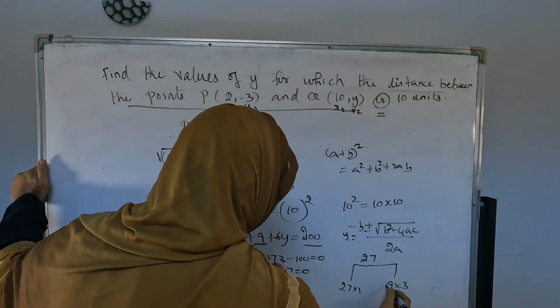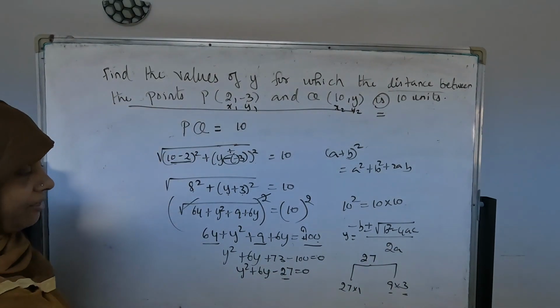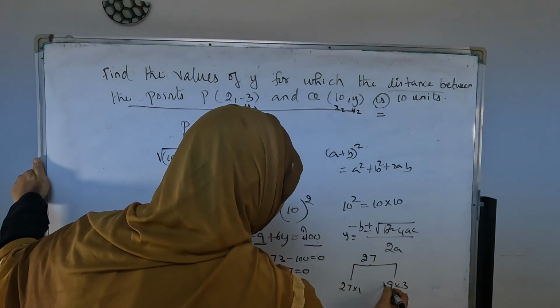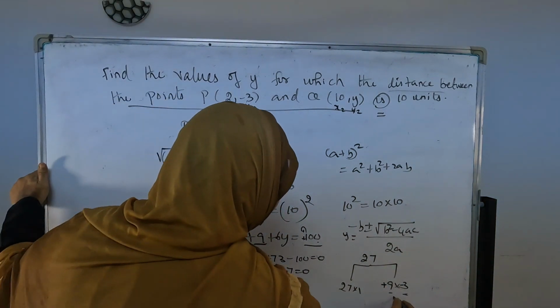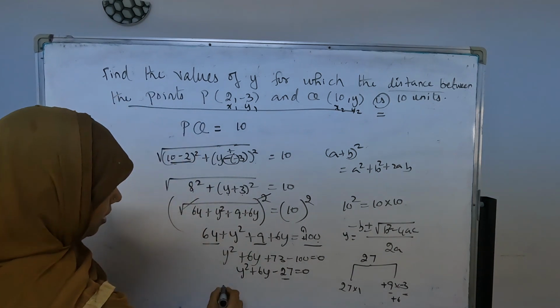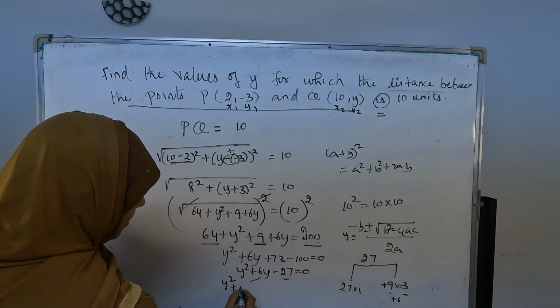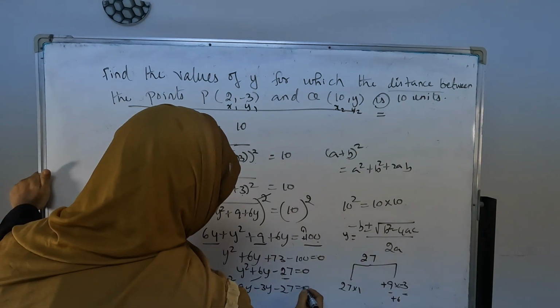The greater number is plus and the smaller is minus, so it will come plus 6. Now split this: plus 6y as plus 9y and minus 3y, minus 27 equal to 0.